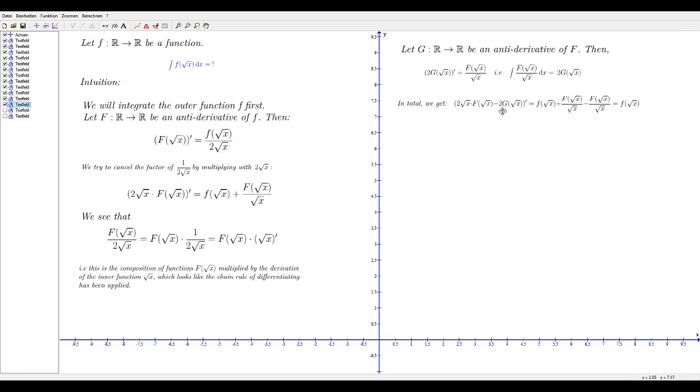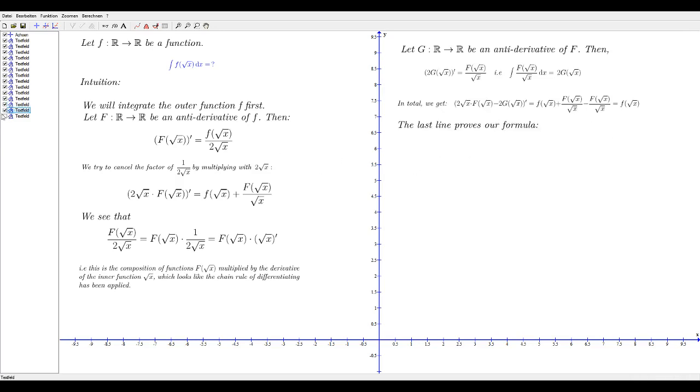And if we then take the derivative of minus 2G of square root of x, we are left with capital F of square root of x divided by square root of x times minus 1, because of the minus sign. This will cancel with the capital F of square root of x divided by square root of x, and we are left with f of square root of x. And that is basically the proof that I already mentioned.